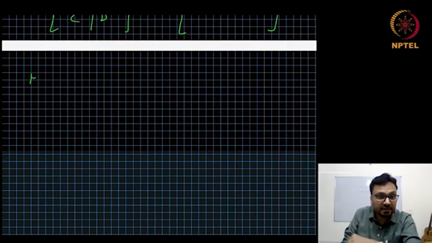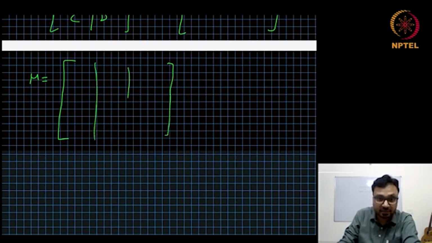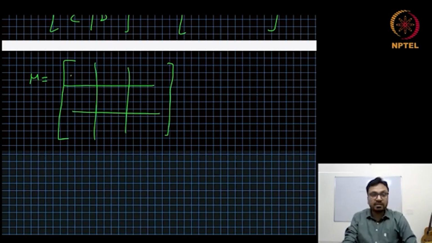If M is a bigger matrix, let us say 9 by 9, we divide it into 9 blocks, so every block is a 3 by 3. Let us say we have A11 block, A12 block, A13 block, A21, A22, A23, A31, A32, A33.